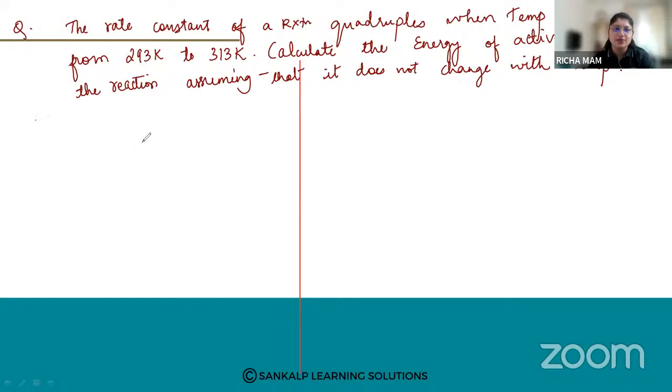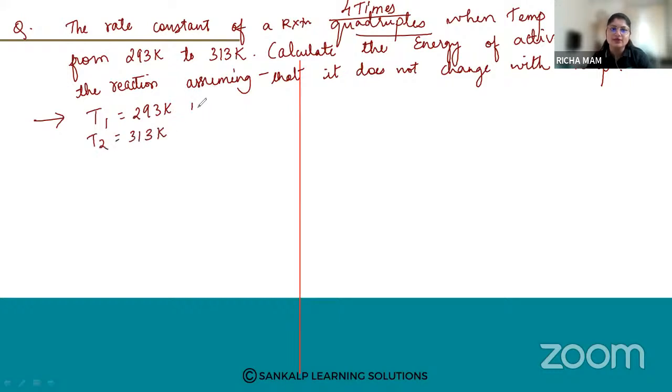Okay. So what is the question here? So I'll tell you. What is happening here? The rate of the reaction quadruples. Quadruples means it becomes four times. It becomes four times when temperature changes from 293 to 313. So T1 is 293 Kelvin and T2 is 313 Kelvin.